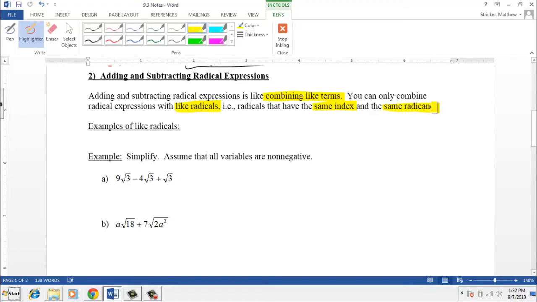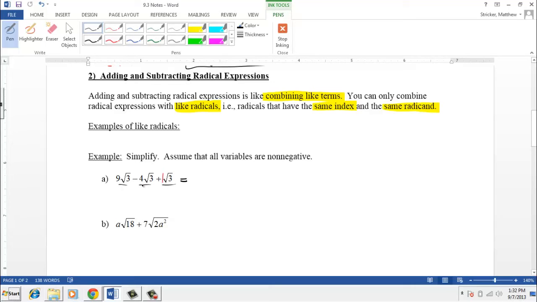So for example, in this first problem, since we have a root 3 and a root 3 and a root 3, all three terms are like terms. Now this third term, we want to think of the number in front here, even though it's not visible. We have to think of it like there's a little 1 there. And so when we go to add, we're really just saying, okay, what's 9 minus 4 plus 1?